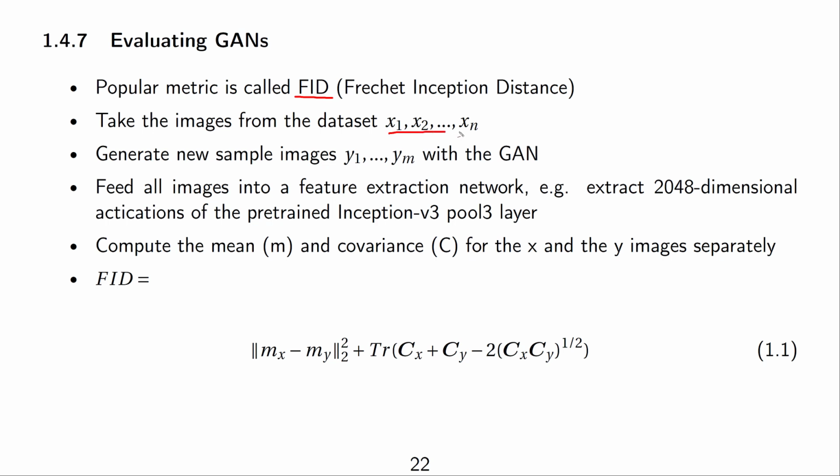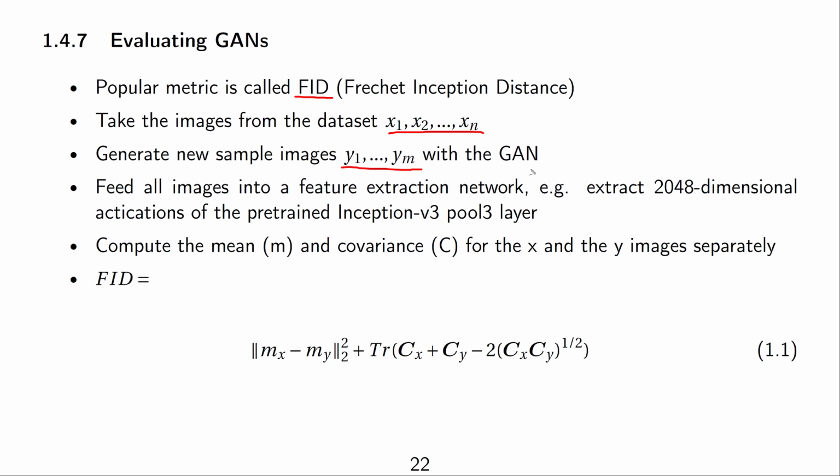So we will take a set of images from the training data set, x1 to xn, and then we generate new sample images with the GAN that we have trained. We'll call them y1 to ym here, and generally we would like that n and m is the same. So a good number to think about is 50,000 here. This doesn't work with very small numbers.